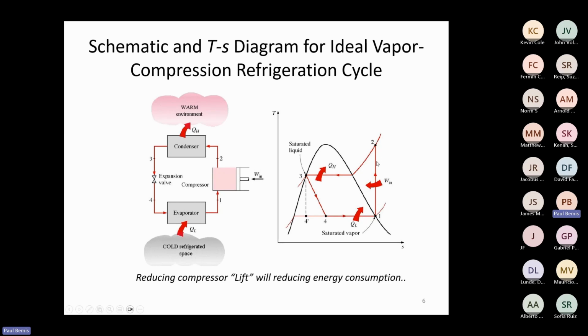Its performance will degrade. It only has a certain amount of pressure that it can provide before it starts having problems. And its performance will degrade as this point number 2 gets high. You know, as you go up in pressure, these things will start to have problems.